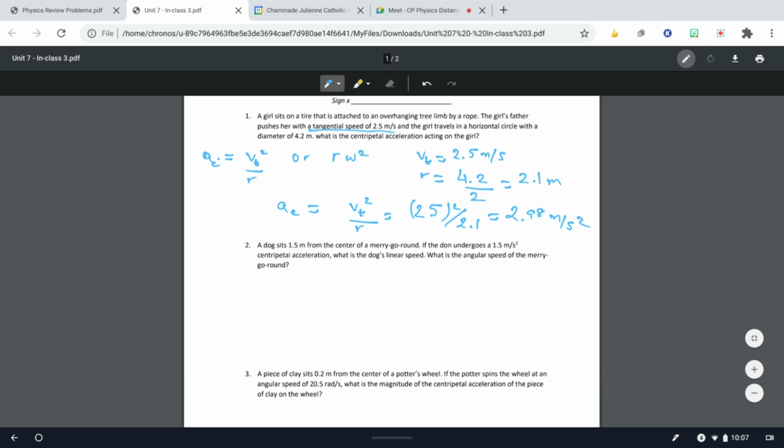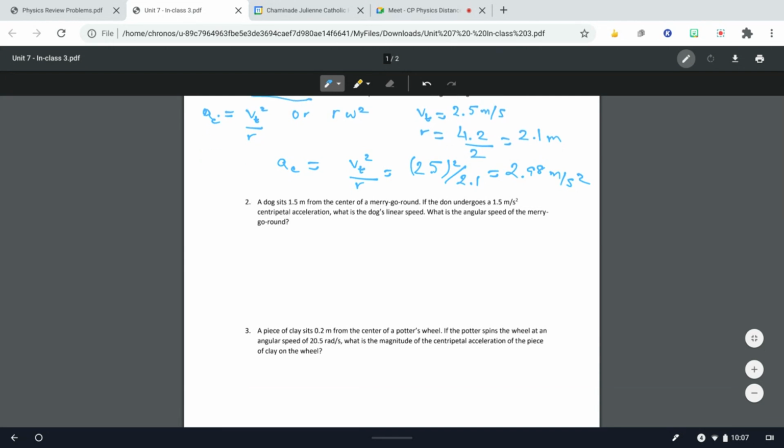Does that make sense? Yeah, I just switched the numbers around. Okay. Most likely the error would have been that you forgot to convert the diameter back into radius. Yeah, I think that's what I did.